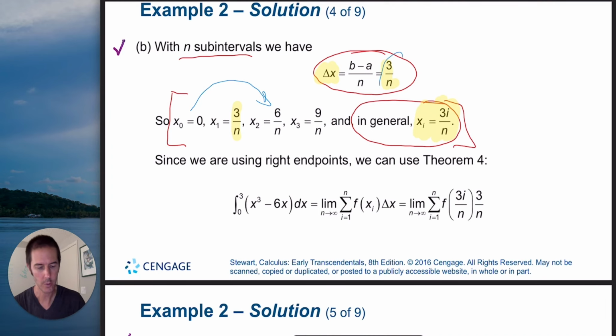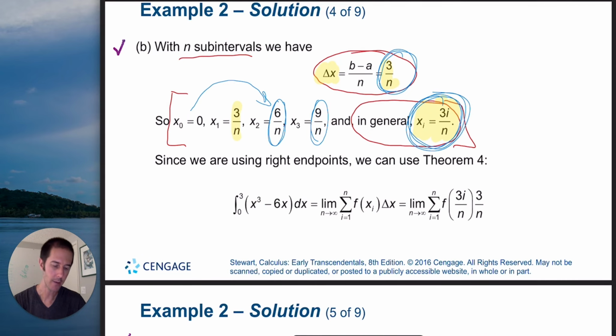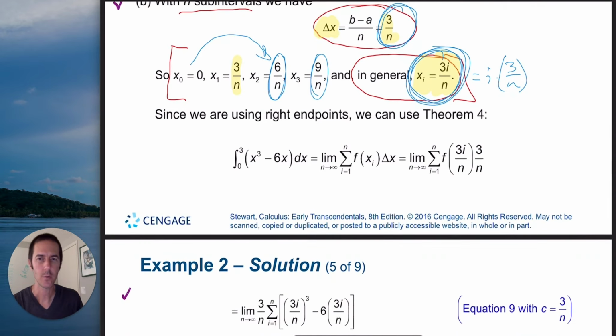And what is 2 times delta x? How about 6 over n? And 3 delta x's makes 9 over n. So generally speaking, x sub i is equal to 3i over n. You can see that. I would also say that it's equal to i, 3 over n's, because we're really doing i times that as our delta x value. All right, so that's more detail than we needed.